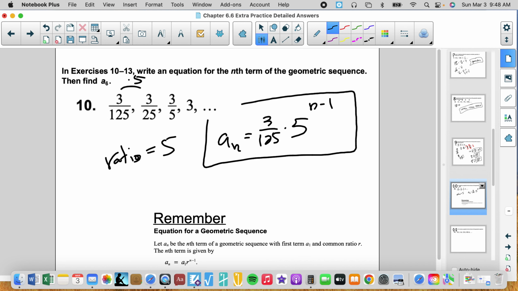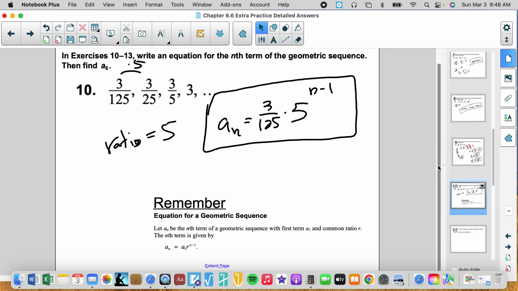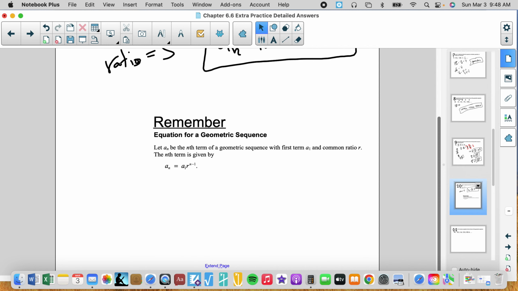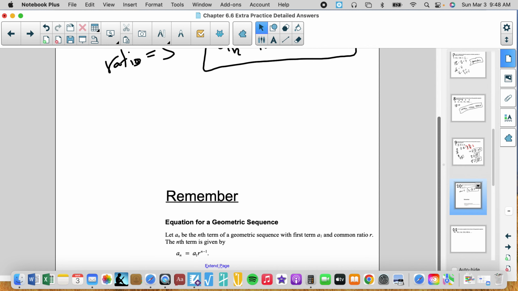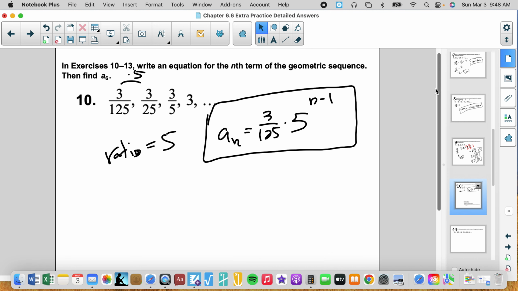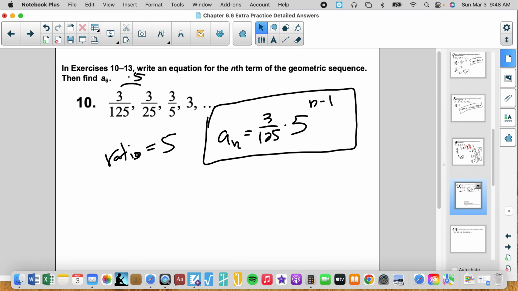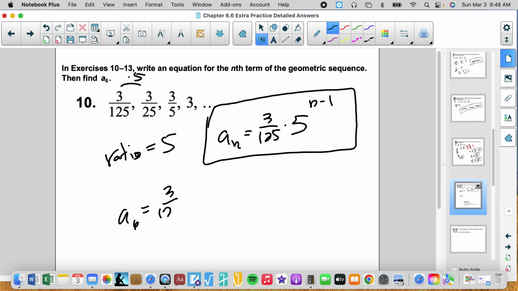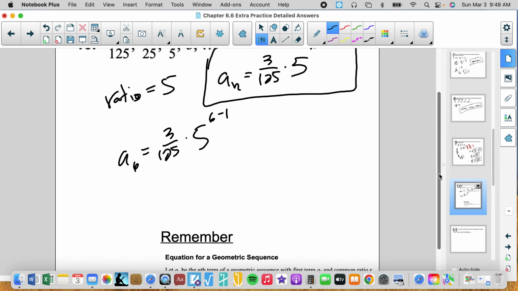So this is the equation, and now if I want to find the 6th term, a sub 6 is going to equal 3 over 125 times 5 to the 6 minus 1.